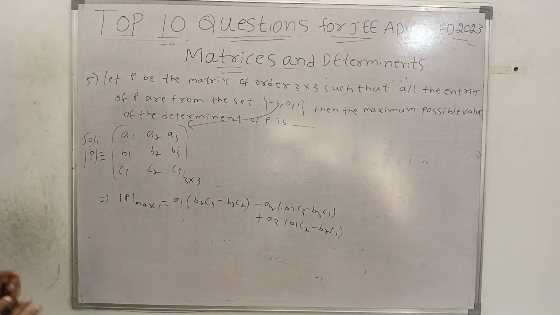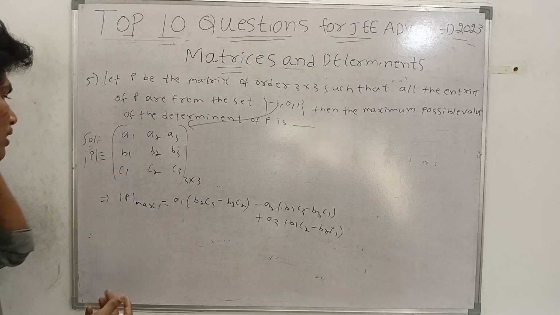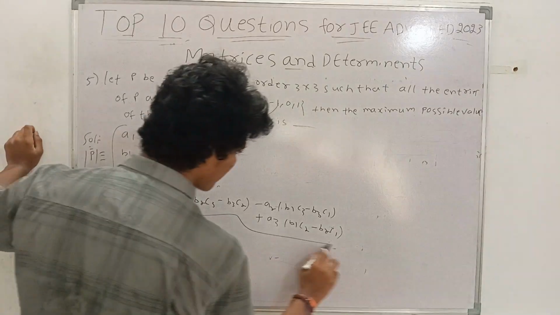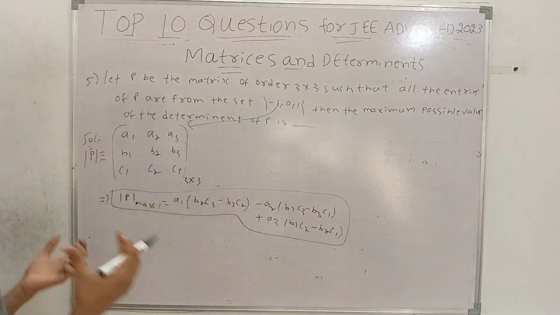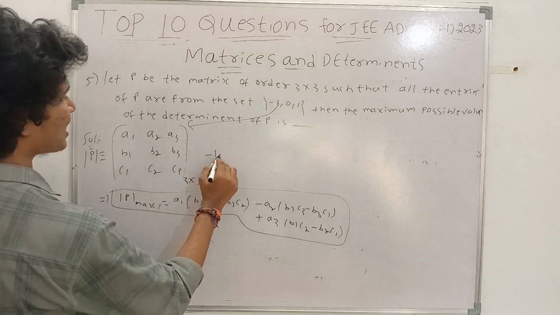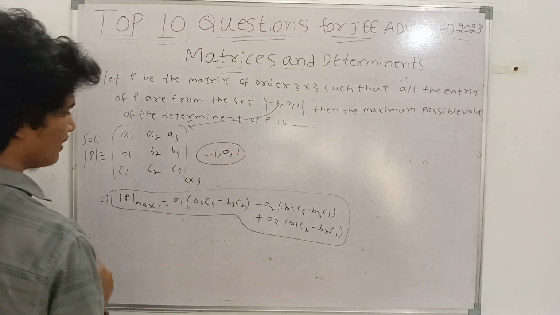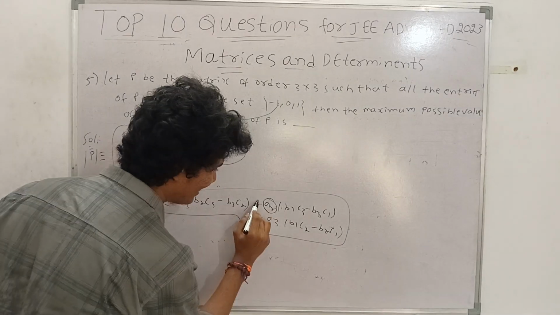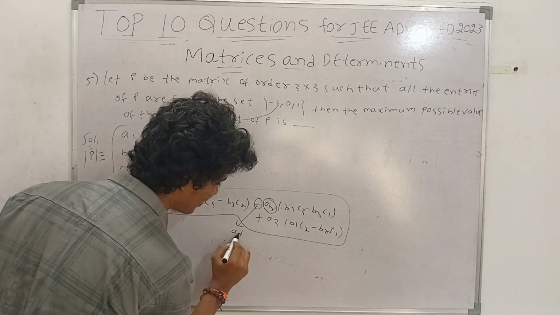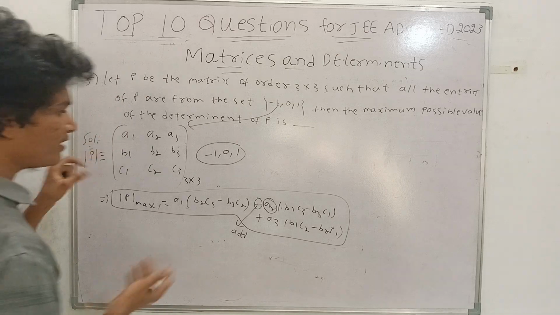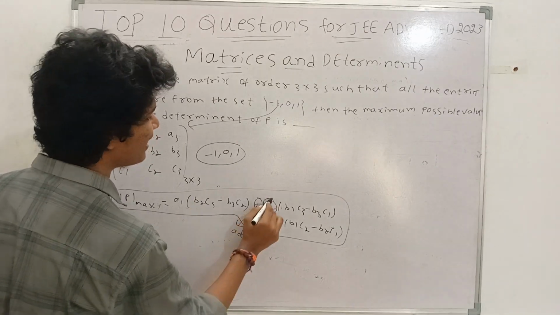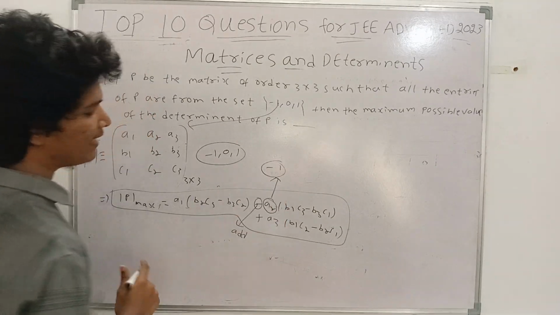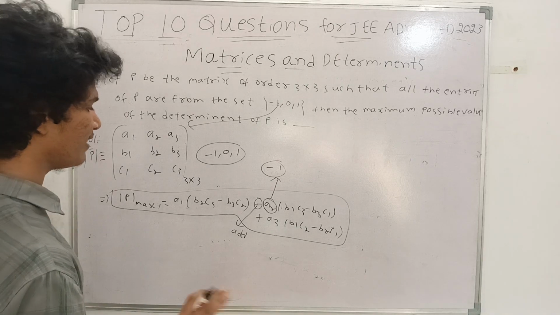Now, we don't want to solve this, just observe. How much may the value be? If we take -1, 0, 1 for these entries and want the maximum, I want this term as an addition, so A2 should be equal to -1.